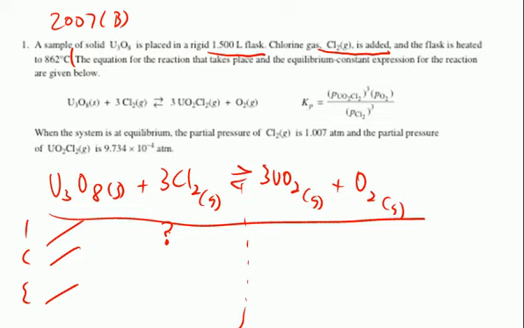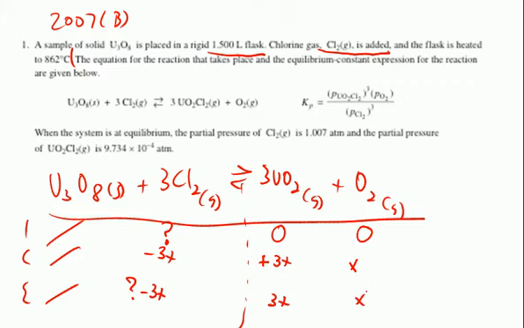It was added to a rigid flask with nothing else in it, so the products start at 0. I can say minus 3x for chlorine, plus 3x for UO2Cl2, and plus x for O2: question mark minus 3x, 3x, and x.